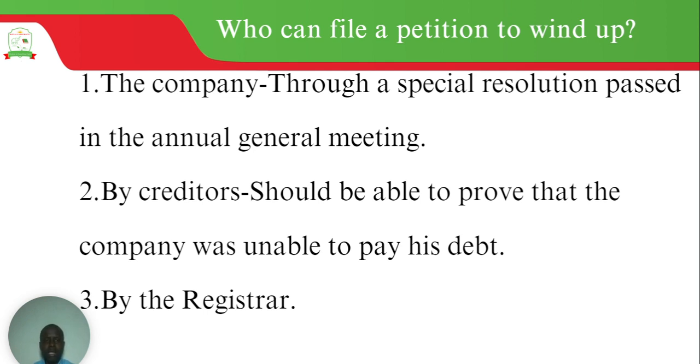The other group that can be able to file a petition is the creditors. They should be able to prove that the company was unable to pay their debt, or if it's a creditor, his or her debt. And finally is the registrar of companies.